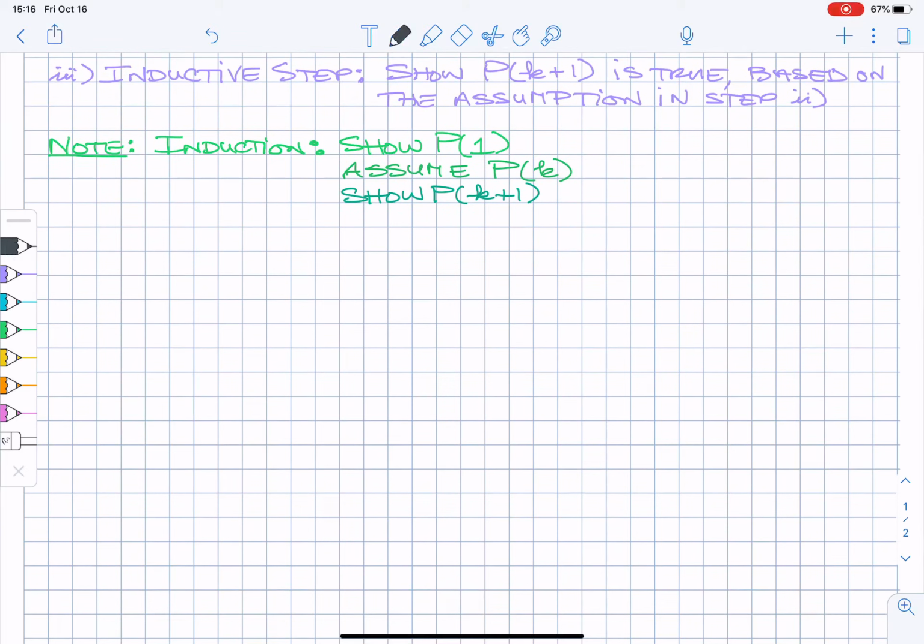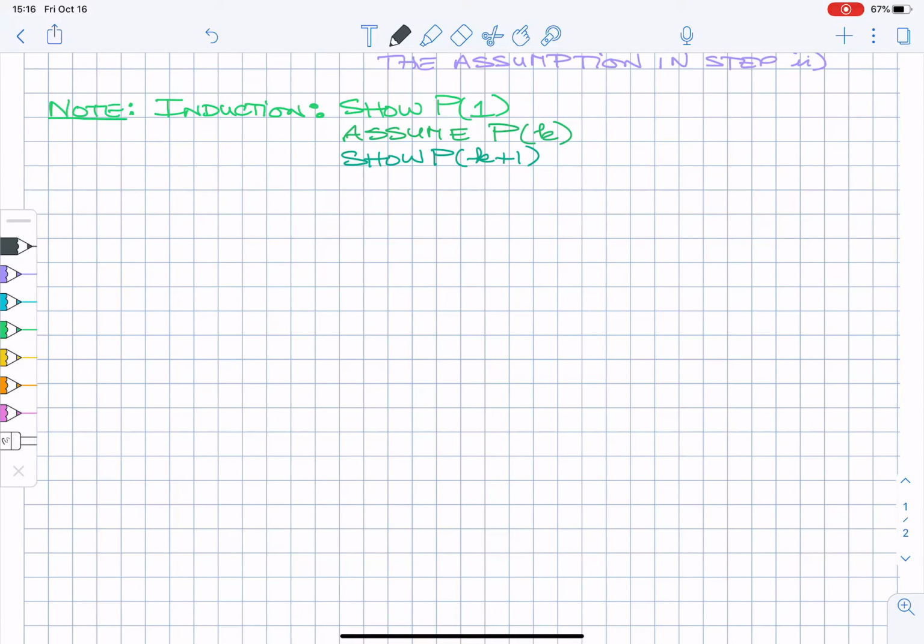Okay, so this is a lot easier said than done, so bear with me. I'm going to go through a lot of examples, and hopefully this will start to stick. So example.